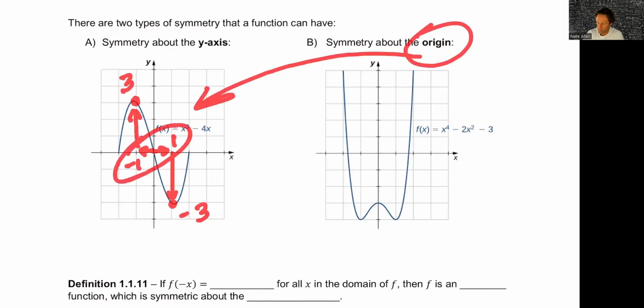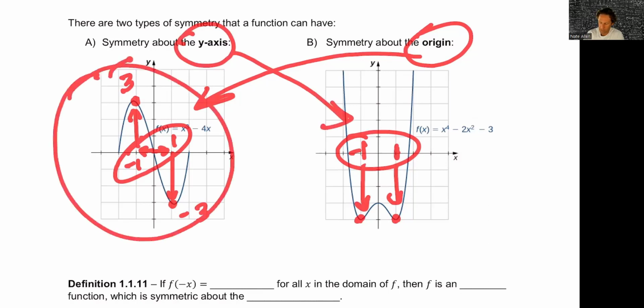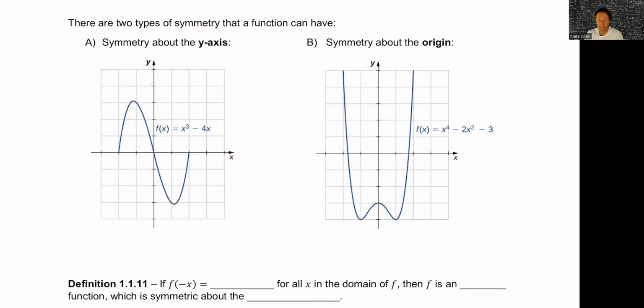Whether you're putting in 1 and -1, in either of these, here you get the same value, symmetrical about the y-axis, where here you actually get the opposite value. So that symmetry is about the origin, same distance from there to there.